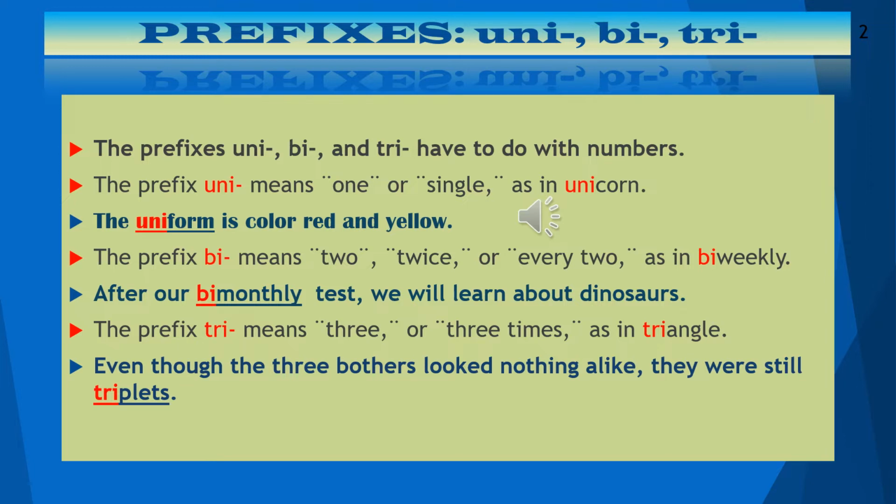We add a prefix to the word corn, and the result is going to be unicorn. And when you talk about uni, you are talking about one or single. Now here we have a sentence as an example. The uniform is color red and yellow.